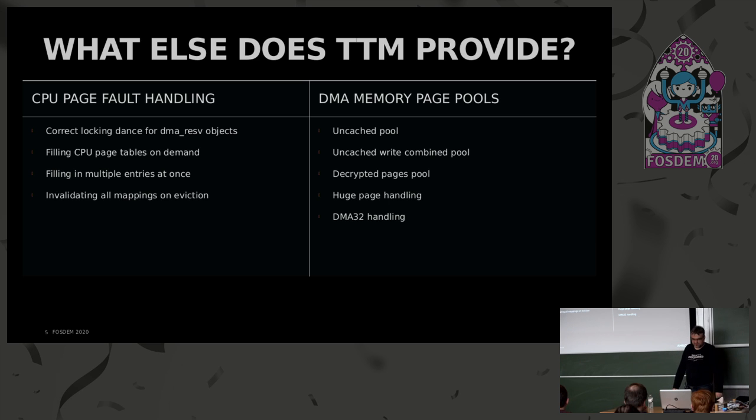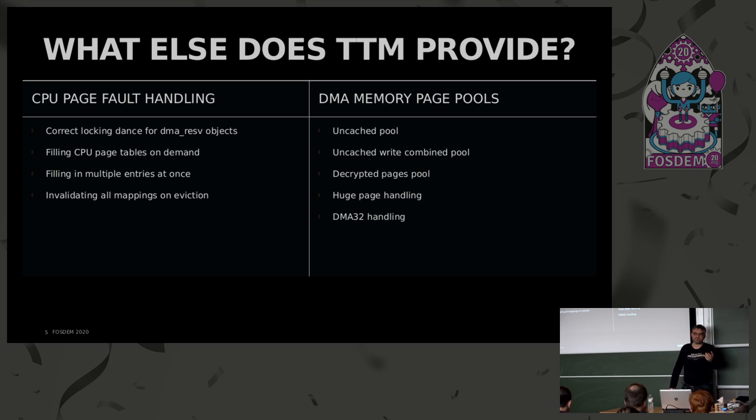So for that, we have the CPU page fault handling in TTM. That works by TTM tracking at which memory location, which virtual address location, buffers are mapped into user space. And as soon as we want to move a buffer around, those mappings are invalidated.